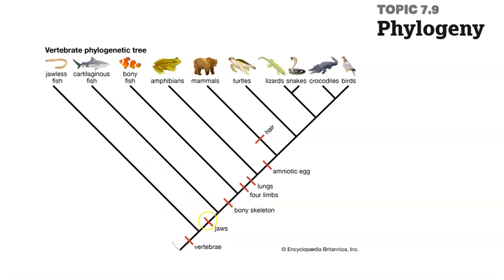At this branch point, everything above here has jaws, right? Likewise, bony skeleton. Everything from this point up has a bony skeleton, right? This is just an interesting way of seeing how traits are acquired on one of these trees, or show where they are acquired from an evolutionary perspective.